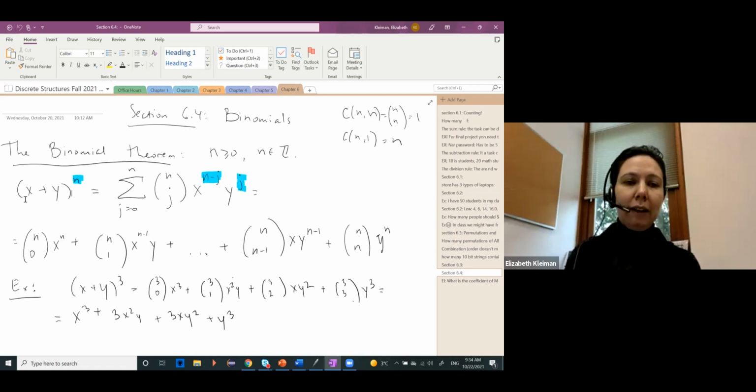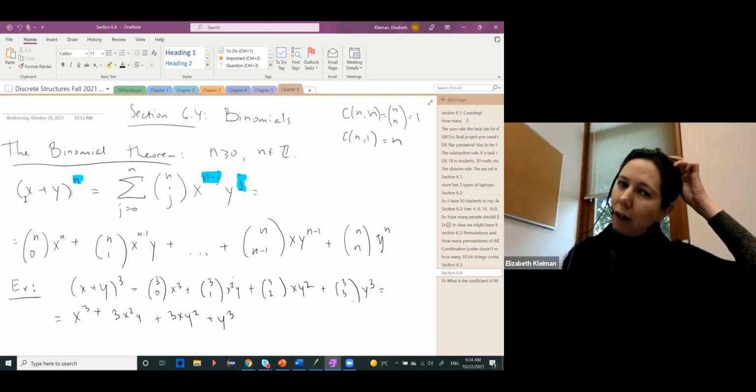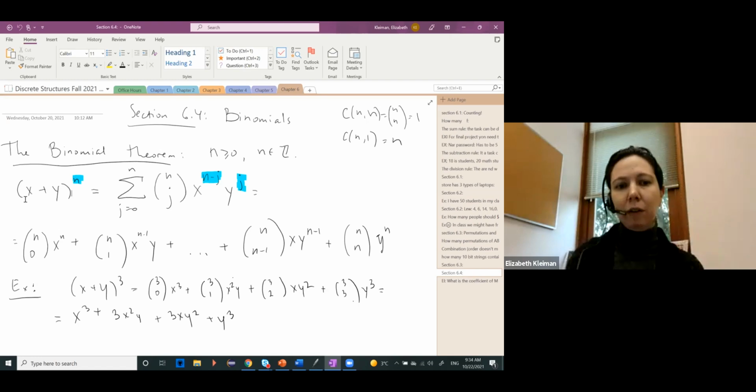It says that (x + y)^n is the summation of j going from 0 to n of n choose j, x to the power n minus j, y to the power j. We did discuss that in this case, n minus j plus j is just n. So you always have terms where the powers of both add up to the same number n all the time. I gave you an example of how to expand (x + y) cubed.